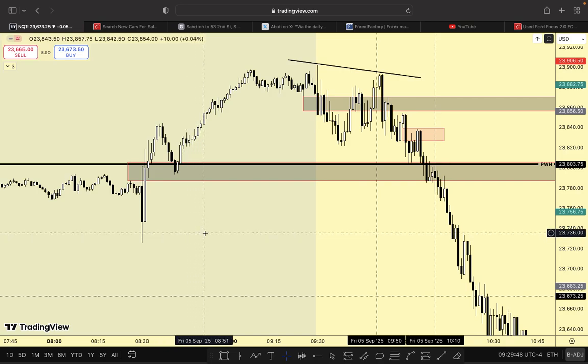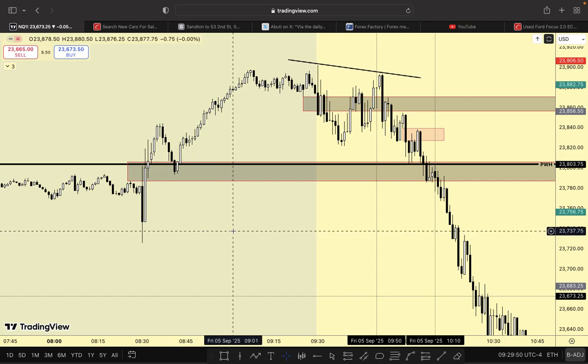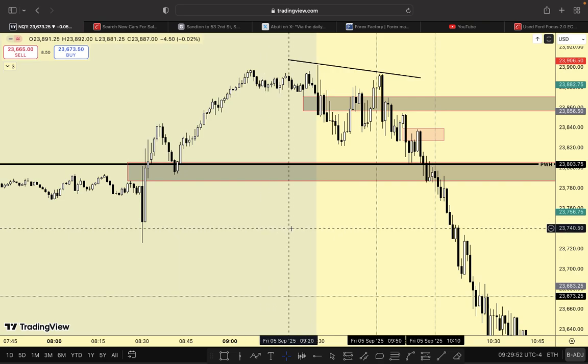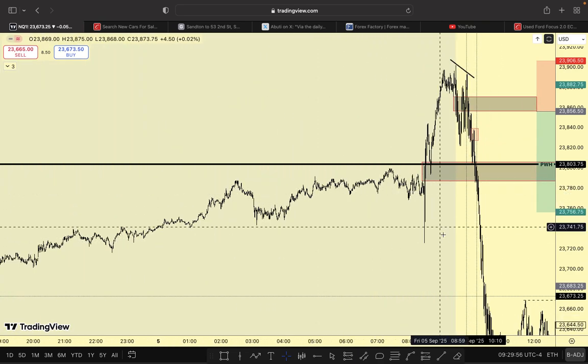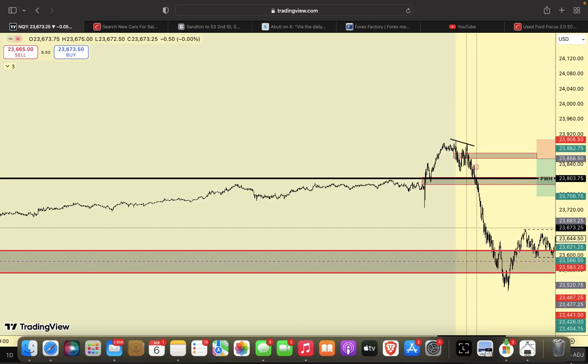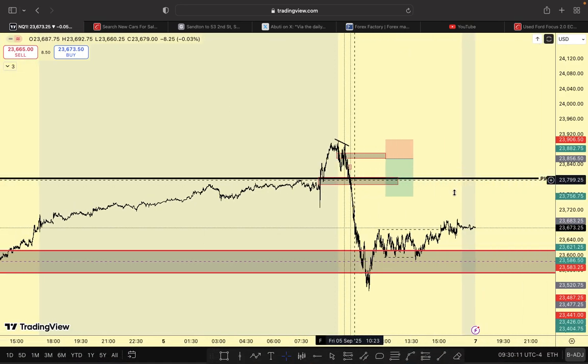First 30 minutes or so, it'll move in the fake direction, and then from there, it'll move in its actual direction. So you can see we accumulated, went up, and then we fell back down. So two-stage movement, it'll do that, and then just position yourself accordingly, especially with the context of if price strikes certain liquidity pools.